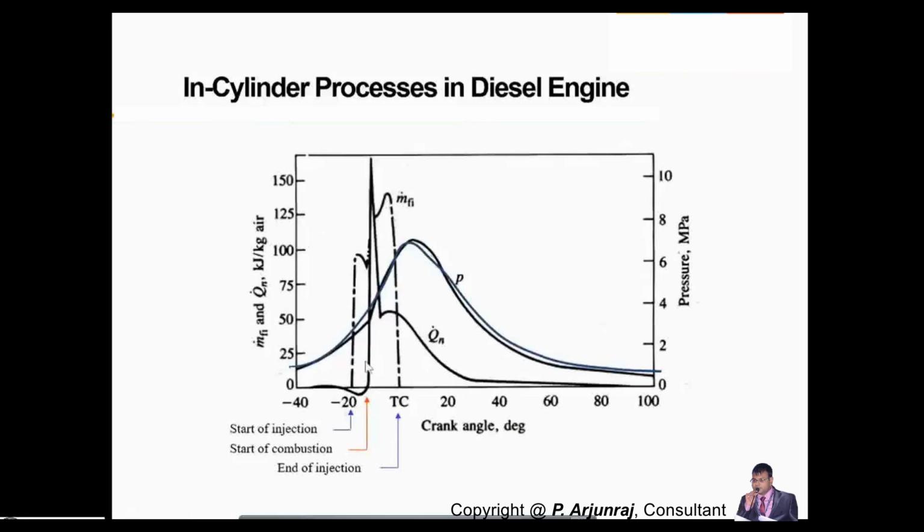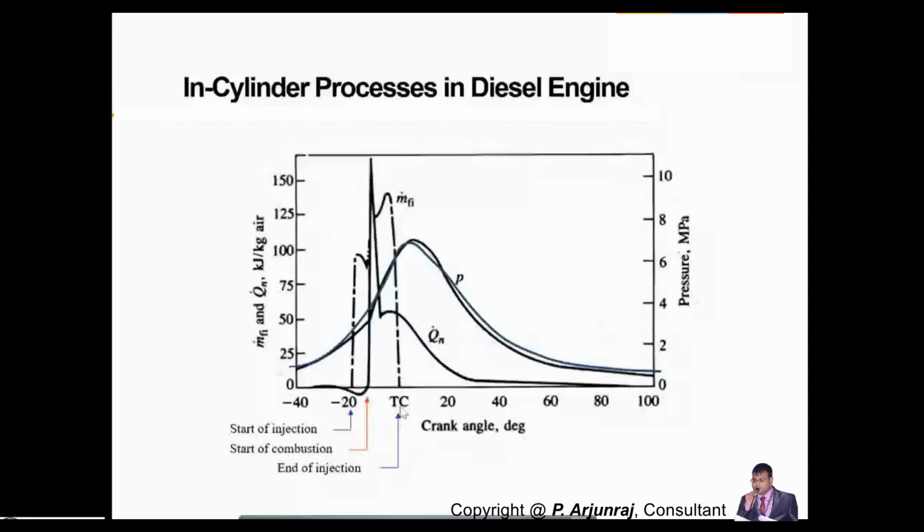So during the four stages, how the mass flow rate of fuel and the heat will vary. Here the mass flow rate of the fuel will not be there during the injection delay or ignition delay, and it will be there during the premixed stage, and during the mixed stage it comes directly to the zero level. When it comes to the zero level, you are going to get the end of injection.